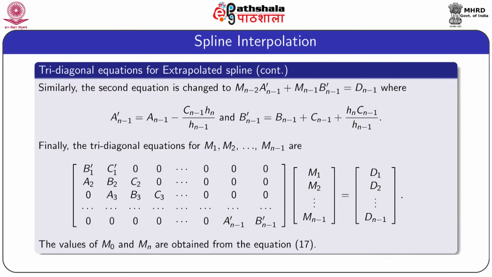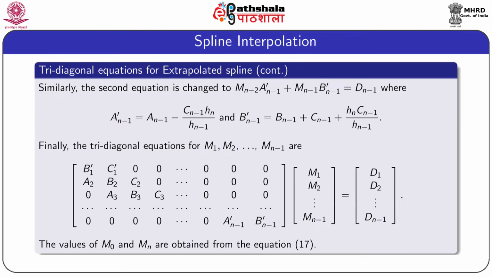Similarly, the second equation is changed to mn minus 2 an minus 1 dash plus mn minus 1 bn minus 1 dash equal to dn minus 1, where an minus 1 dash and bn minus 1 dash are given in the following two equations.